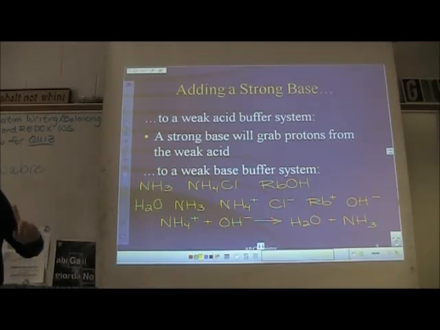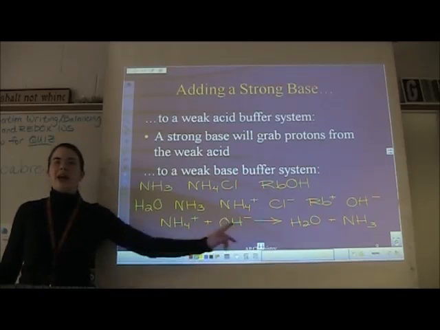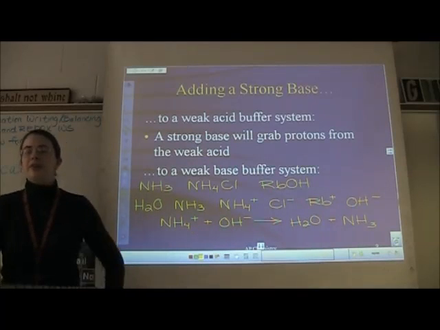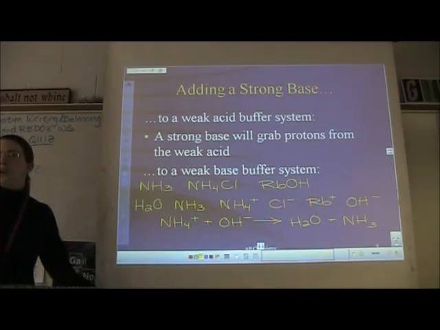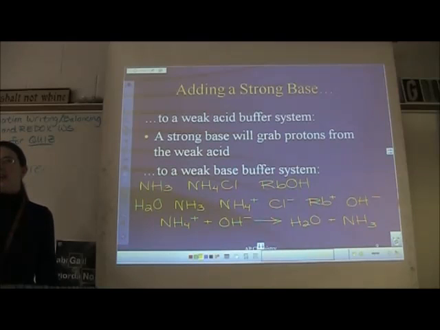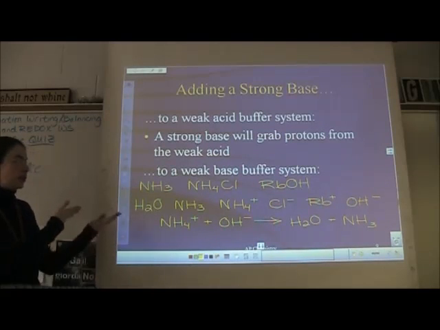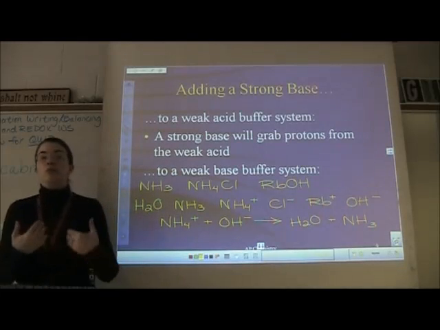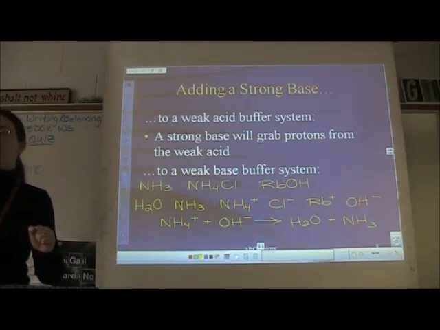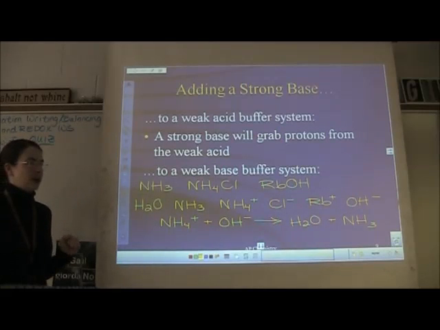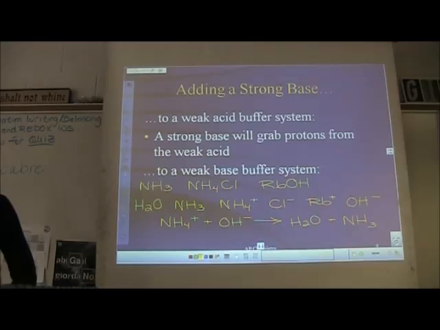But if water was one of our reactants, it's a problem you're used to doing and could do very easily. But the tricky part is knowing when water is the strongest acid in the list, or water is the strongest base in the list. There are times when that's going to come up. So that's where I'm going to stop.